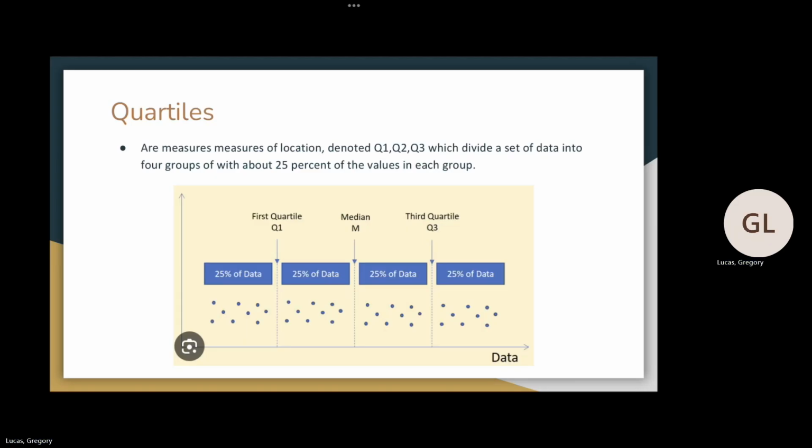So we think of quartiles and the median as a number in the list. So we take 25% of the data. When we arrive at that next value, that's our first quartile. The number in the middle, that's our median. And then the number where 75% of the data is to the left, 25% of the data is bigger, that's our third quartile.